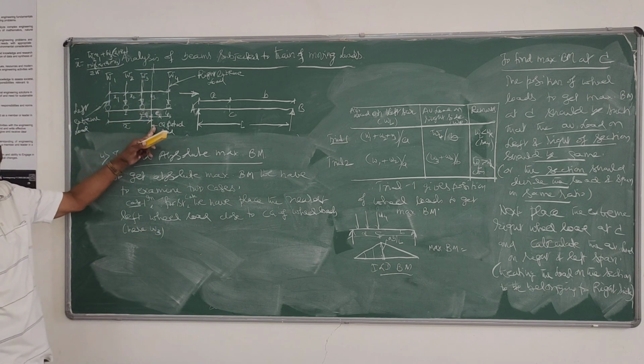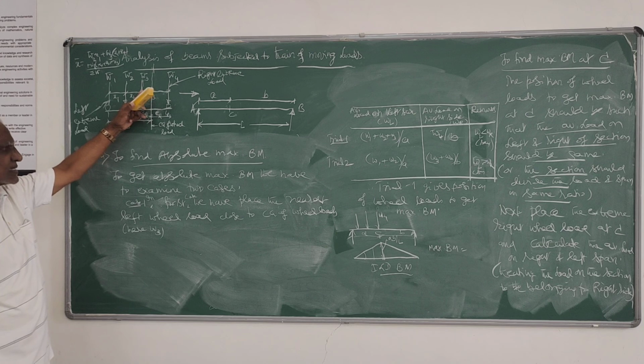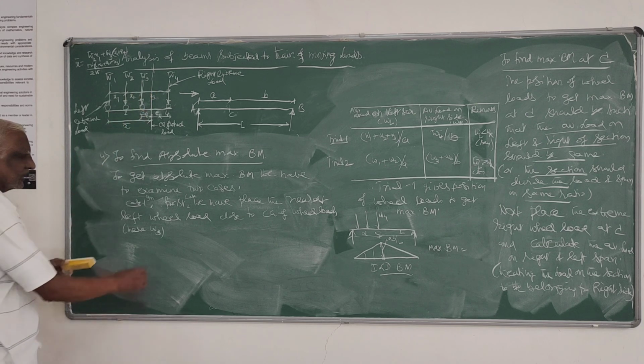This is the CG of wheel loads I have told. This is the nearest left wheel load, that is W3.